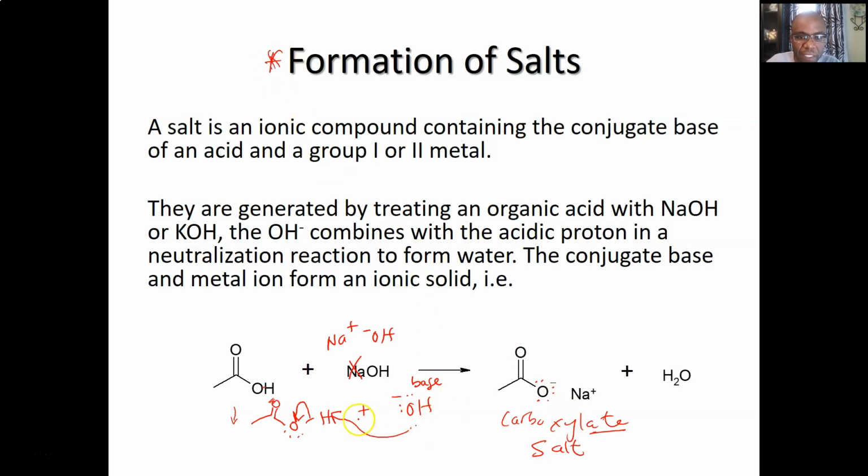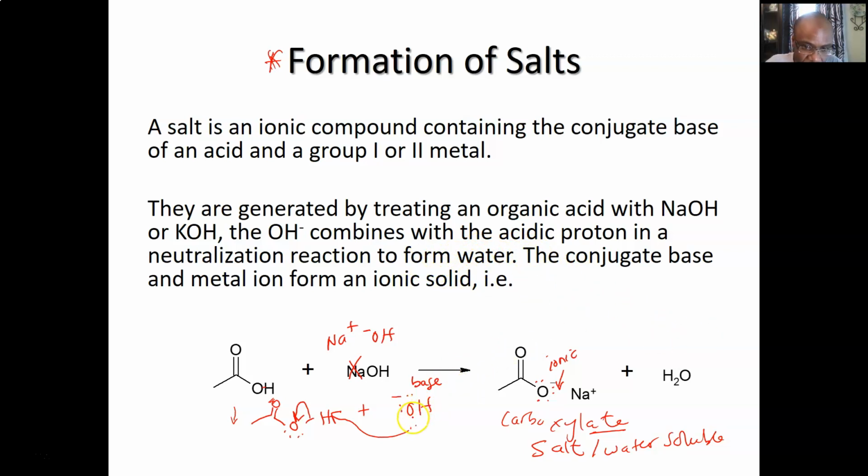You use a base. Like I said, you can also use sodium bicarbonate to do the same because these carboxylic acids are acidic. Now, because these are salts, they are soluble in water. Why? Because obviously you see that here there's an ionic property. Okay, so the conjugate base is soluble in water.